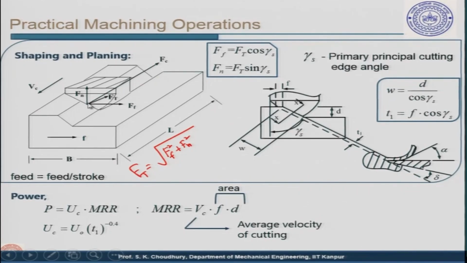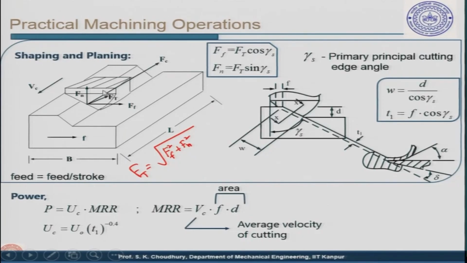Now, the cutting force will be directed perpendicular to the tool edge and along the VC. VC is the cutting velocity, and the cutting velocity in this case is the movement of the tool, because the tool reciprocates; it moves forward, and at a higher velocity it moves back.